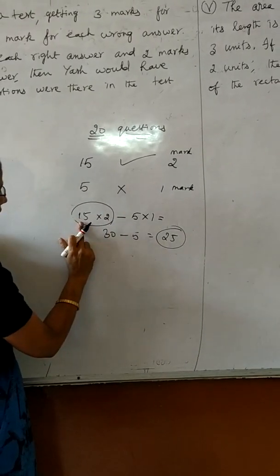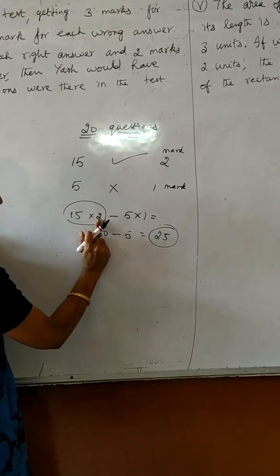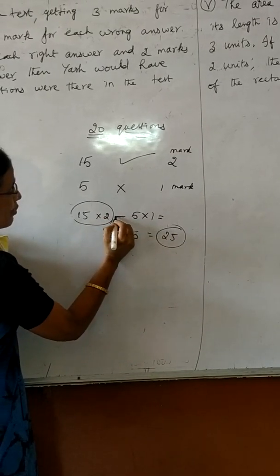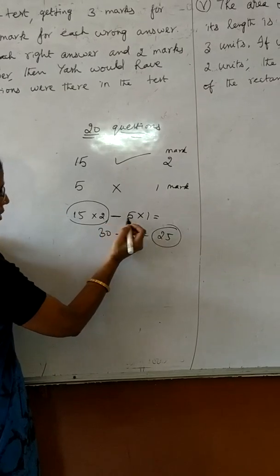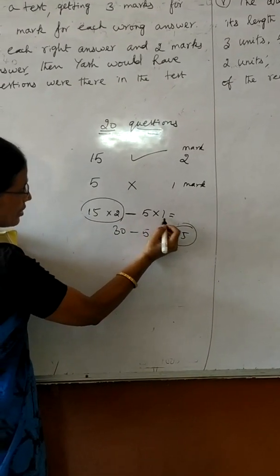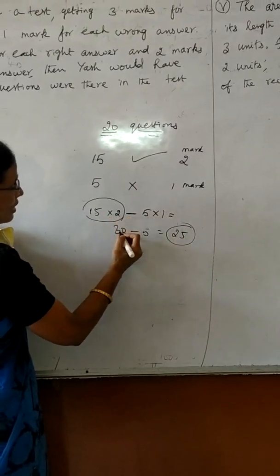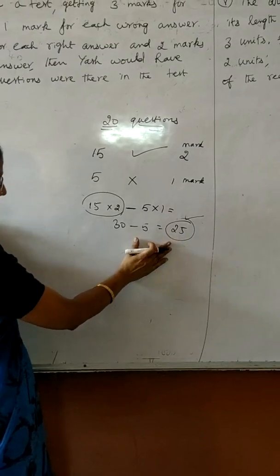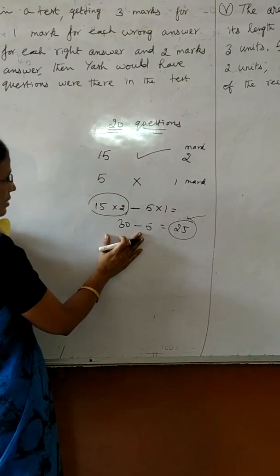It is the number of correct answers multiplied by the mark allotted for a right answer, which is 2 marks. Because it is subtracted for wrong, we have written minus in between. 5 questions are wrong, and for each wrong question 1 mark is deducted. So the total score is 15 twos are 30 minus 5. The score you got in the test is 25. Hope you understood that example.